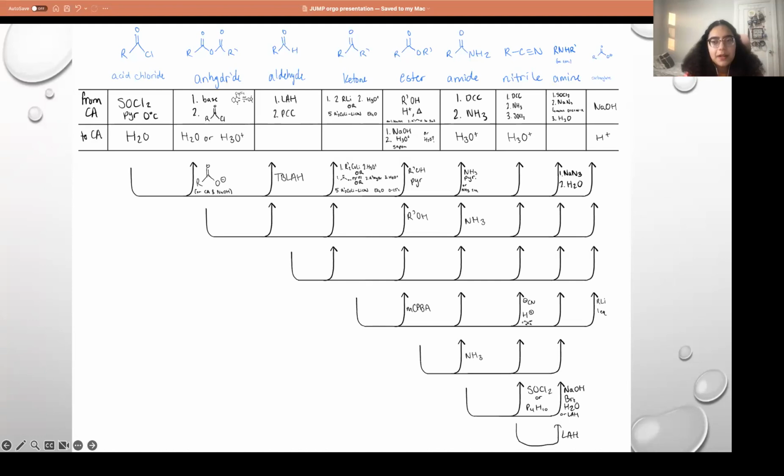So again, all of the groups in order of reactivity to get from carboxylic acid to that group would be the first row, and then to go from that group back to carboxylic acid, as you can see, it's mainly just H2O or H3O+ that will get you back. In some cases, like the ester, for saponification, you would need NaOH, H3O+.